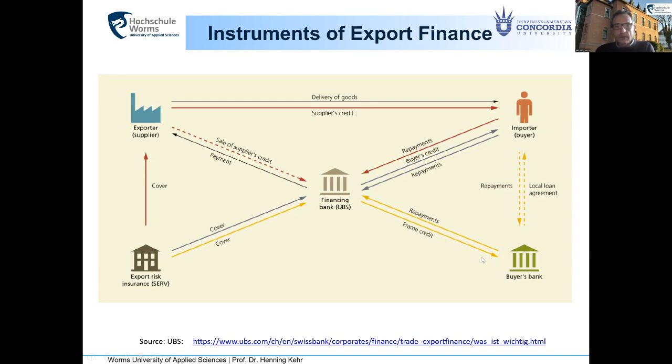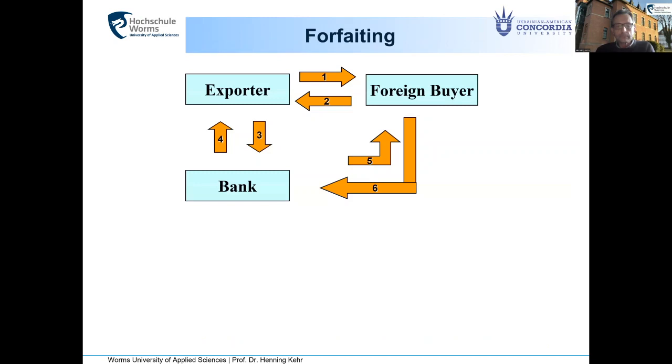But let's have a look on some typical credits, because it might be not easy to understand with that slide here. First one, forfeiting. Forfeiting means you're selling your receivables without any recourse. That means the exporter sells receivables to the bank.